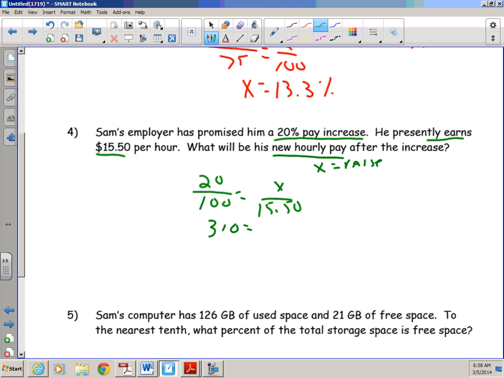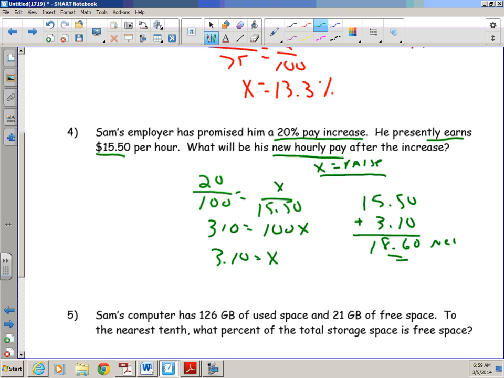We get that his raise, and this is why I like for you to identify the variable, because you then understand that the 3.10 you get is the raise, but we want his new pay. So we have that additional step of adding the two to get his new pay.